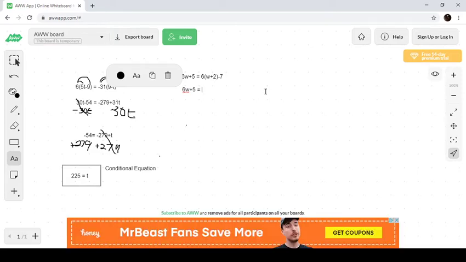And then on this side, 6 times w plus 2, 6 times w is 6w. Then 6 times 2 is 12, and then we drop down that negative 7.